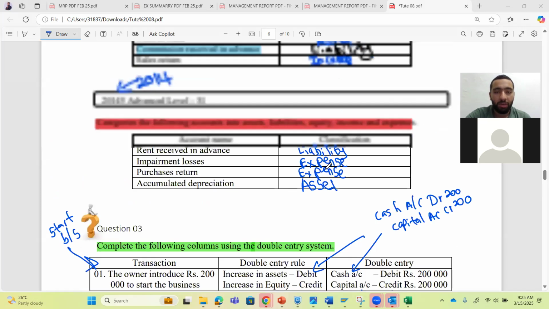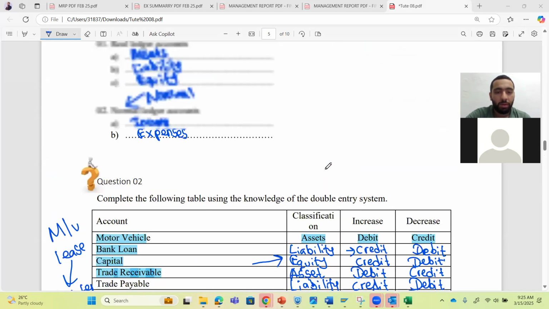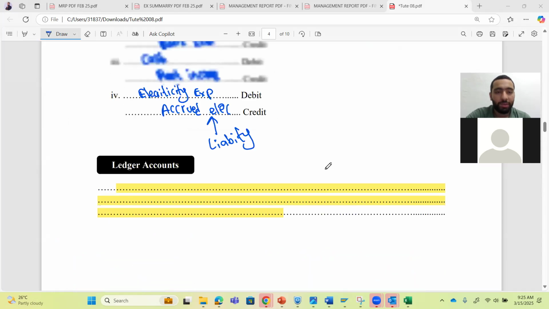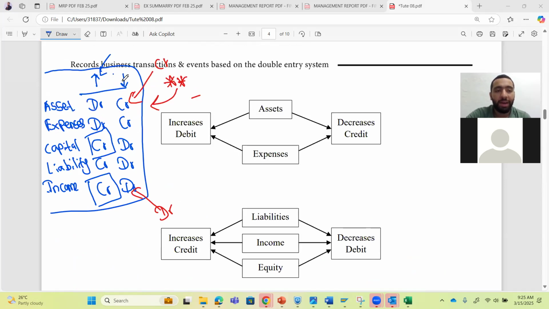If you can remember the chart that we did last time, have I erased that chart? This is the chart. Asset increasing is debit, asset decreasing is credit. Can you all see the chart? Here the chart shows asset, expense, capital, liability, income, with increase and decrease. Make sure it is pasted in your room. Very important. If you can remember this chart, all the answers are in this chart. If your income increases, credit.